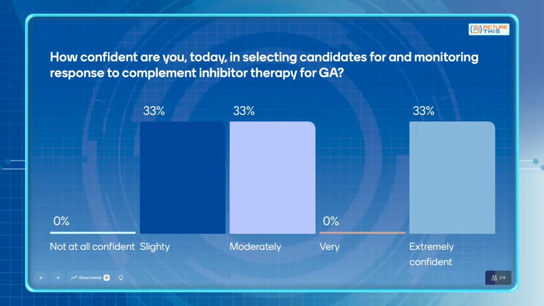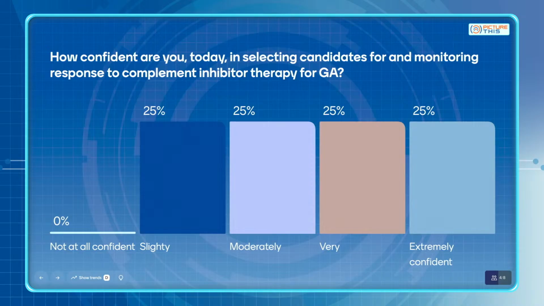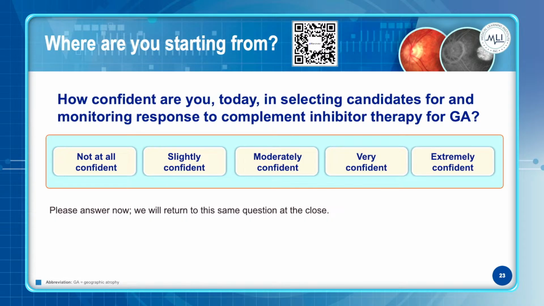Great. Slightly, moderately, and extremely. Were you extremely, Glenn, there? I was moderately. I think it's a really, really good question, and hopefully through the presentation at the end, we'll be able to help you move to the right side.